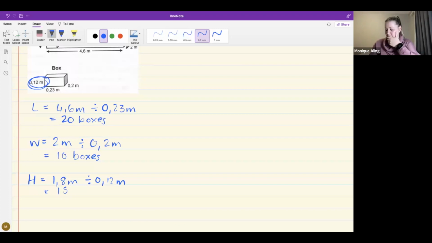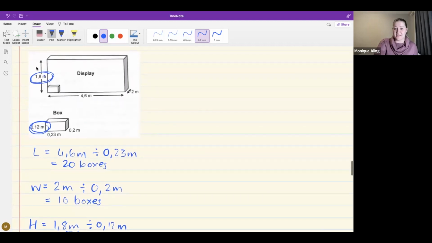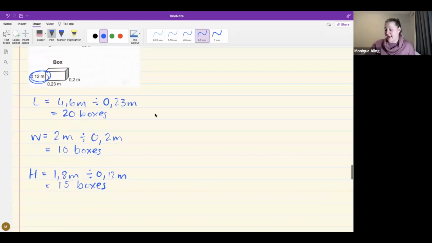Okay, so just quickly check the height part. The height of the display is 1,8, and we're dividing by the height of the box, which is 0,12. And then if we add all of those together, Ben, you got a total of how many boxes? 3,000. Well done. Perfect.